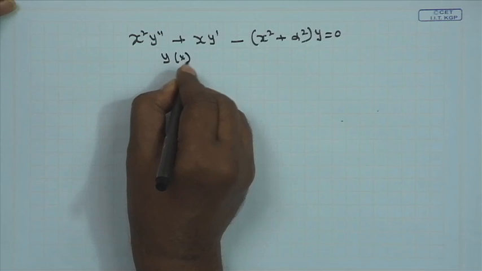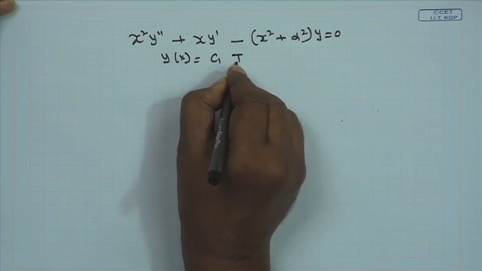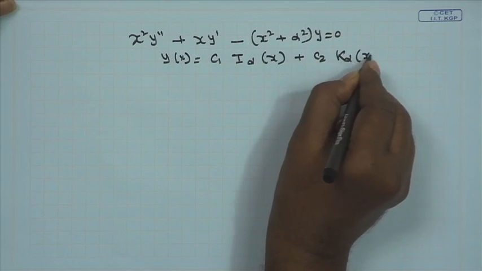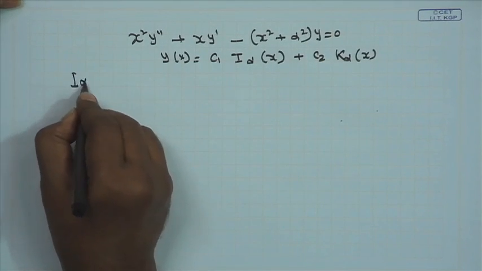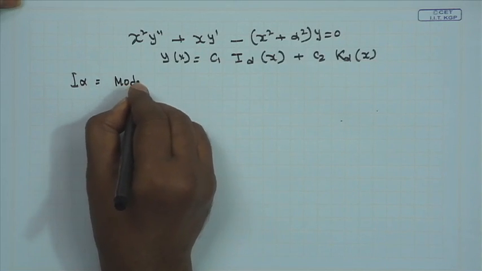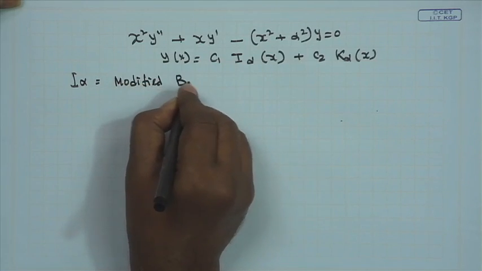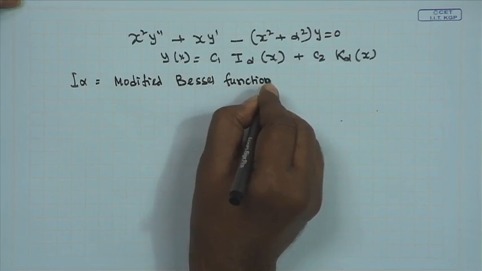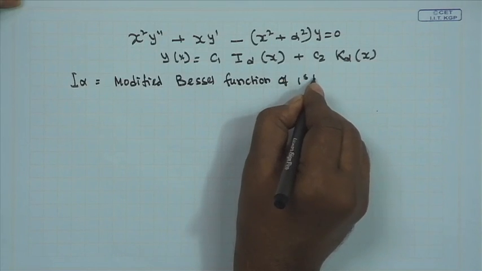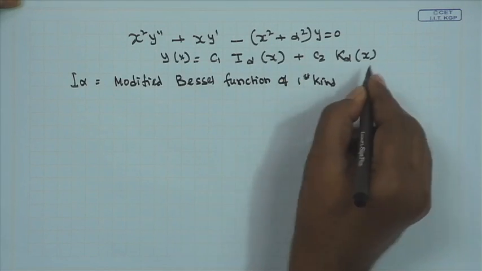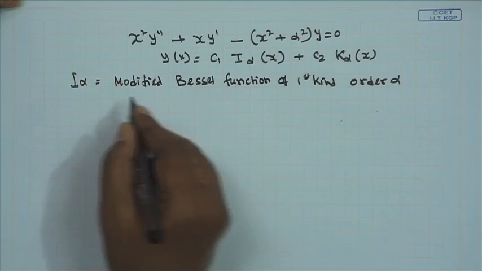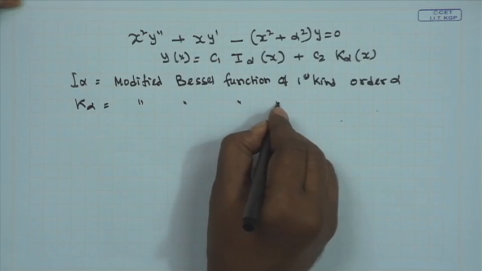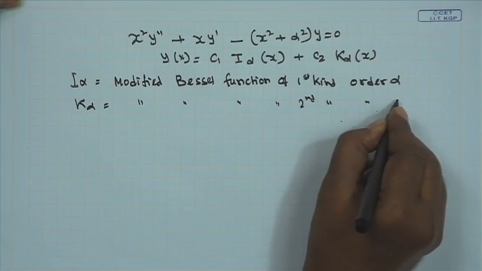So, the solution is y of x equal to C1 I alpha x plus C2 K alpha x, where I alpha is known as the modified Bessel function of first kind of order alpha, and K alpha is the modified Bessel function of second kind of order alpha.